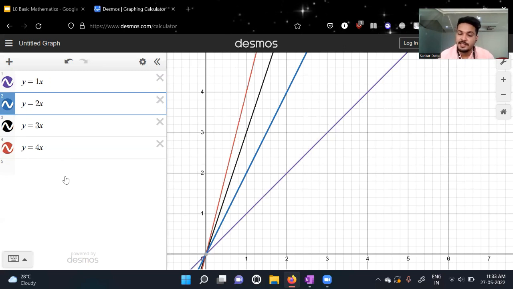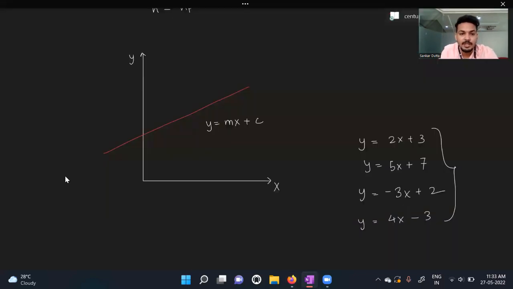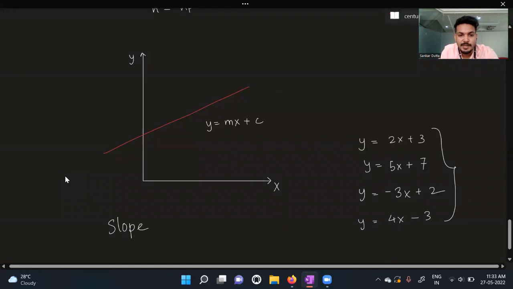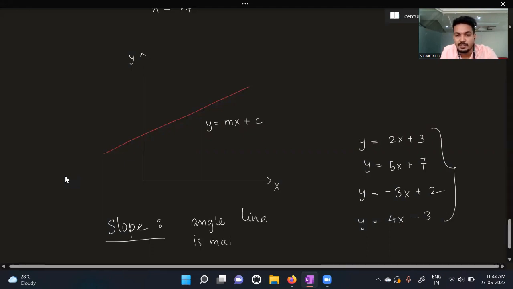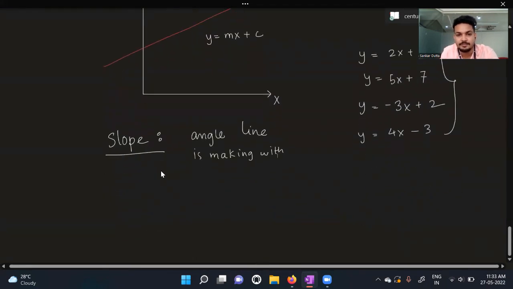The numbers are signifying the slope of this line. The word you're looking for is slope. Slope means the angle that the line is making with the horizontal.